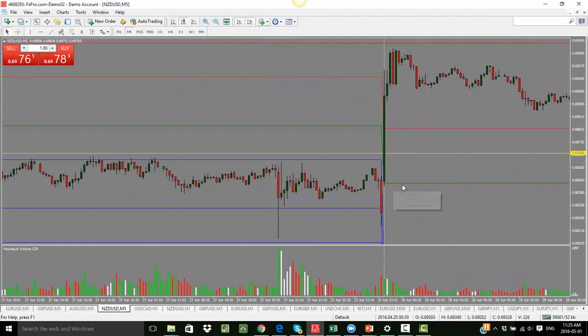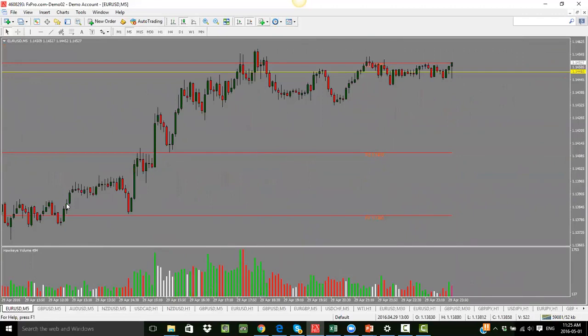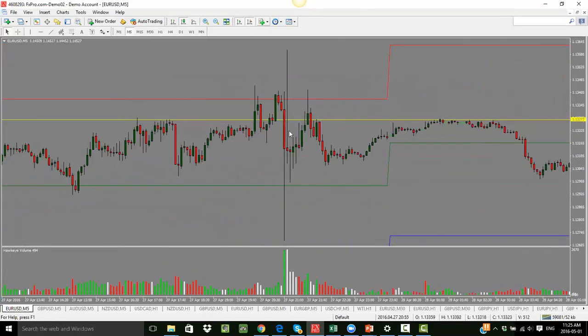The market was expecting them to cut interest rates, and they didn't. So with that, everything else followed, and there was a drop. So April 27.